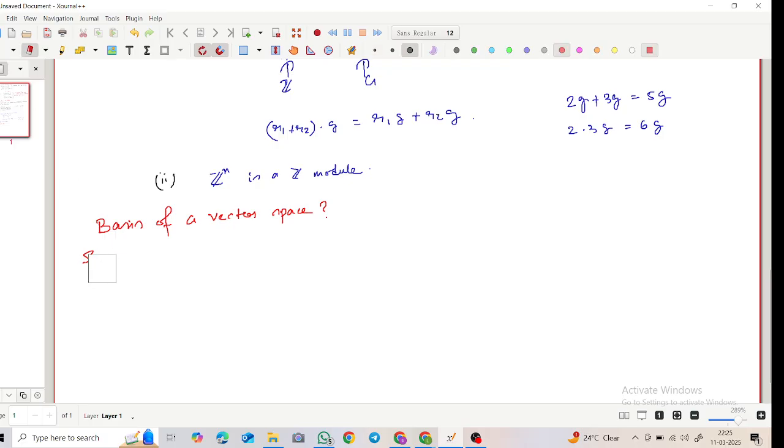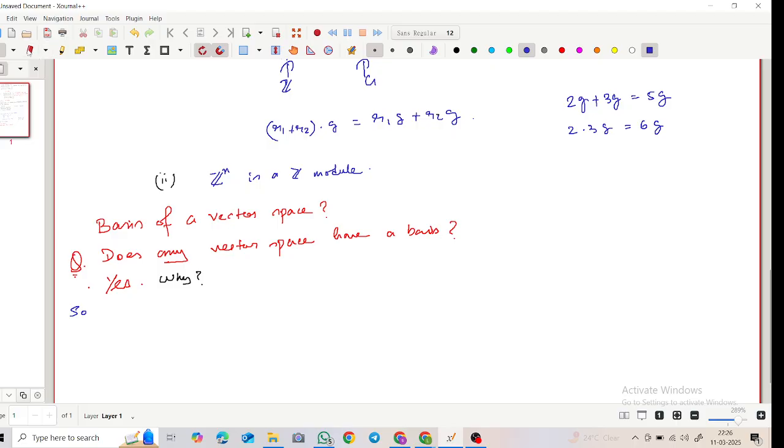So the question is, does any vector space have a basis? What is the answer? Every vector space has a basis. Yes, right? So the answer is yes. Why? How to prove it?